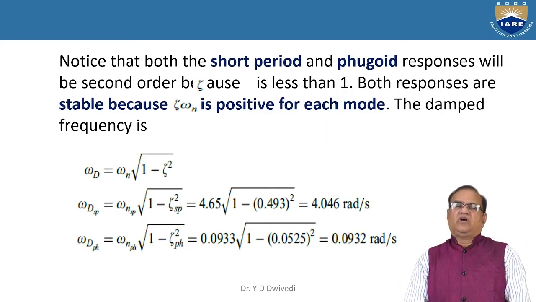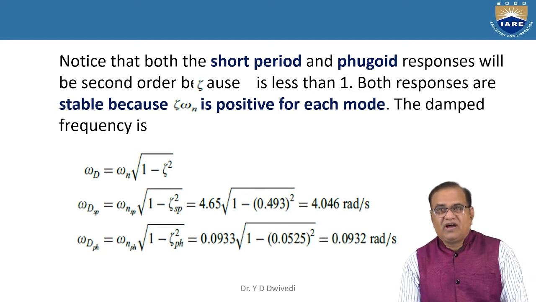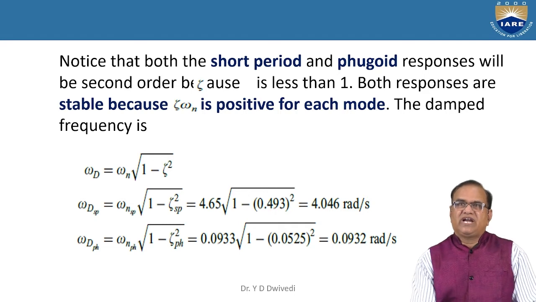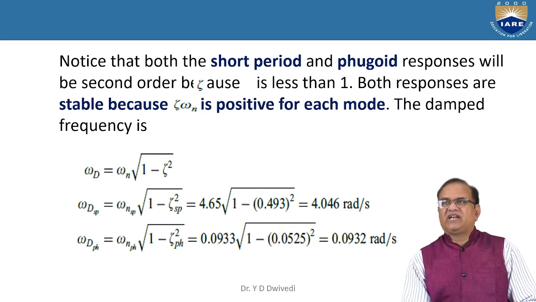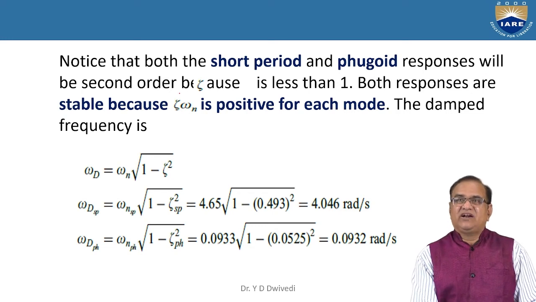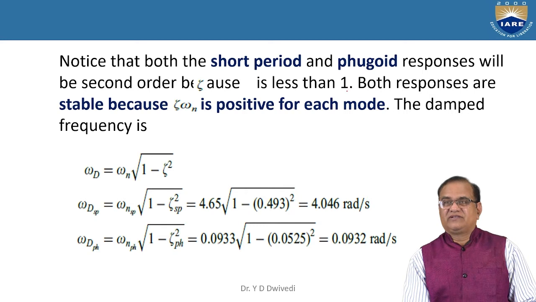Now we have to find out some other parameters. Those parameters are also very important to understand the concept of dynamic stability. Notice that both the short period and the phugoid responses will be second order with zeta less than 1.